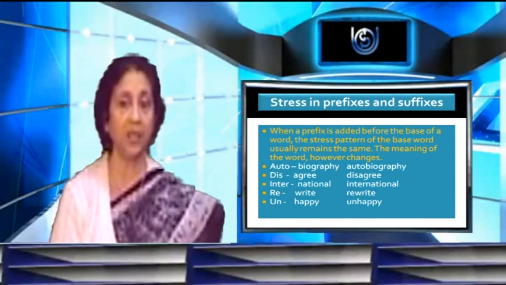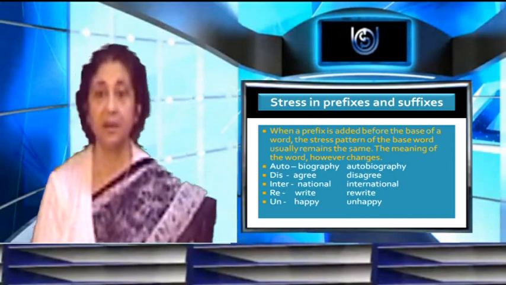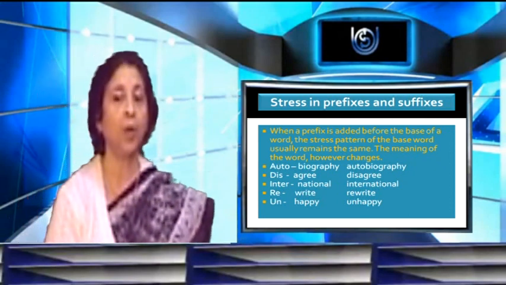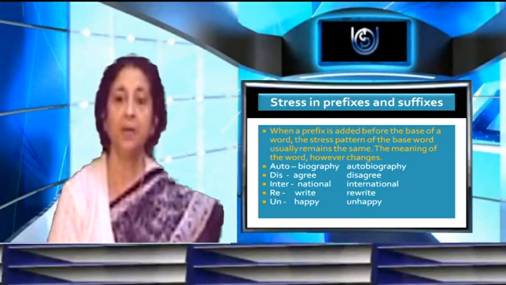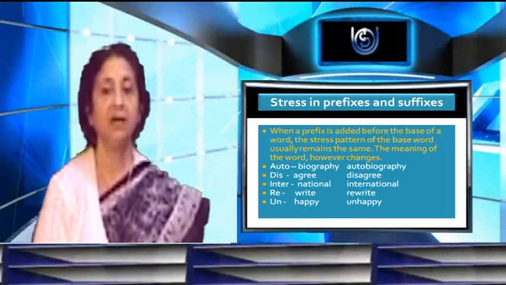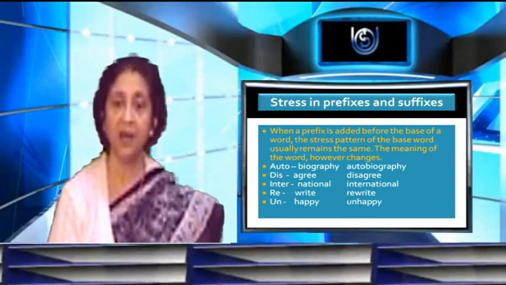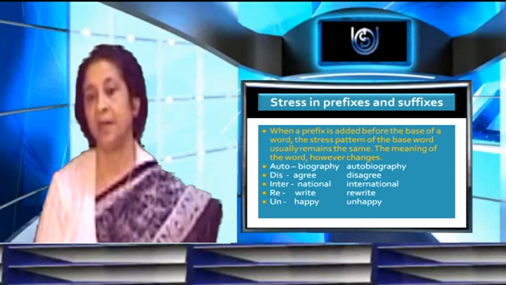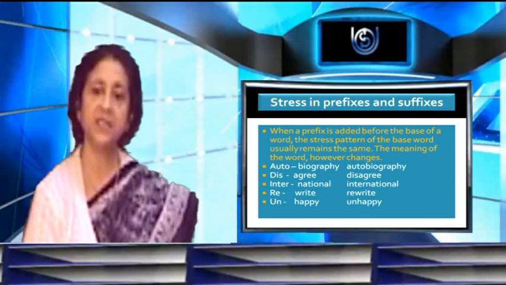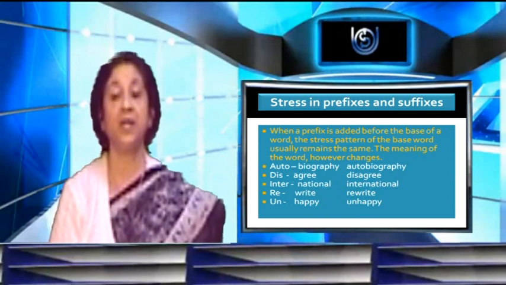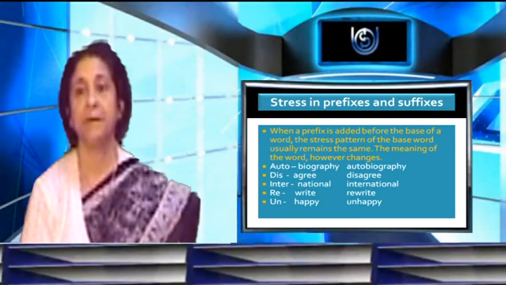International: inter is a prefix, national is another word, and it becomes one word, international. Rewrite: write is the base word, and putting the prefix re, it becomes rewrite. Unhappy: happy is the word, un is a prefix, and the meaning becomes just opposite.